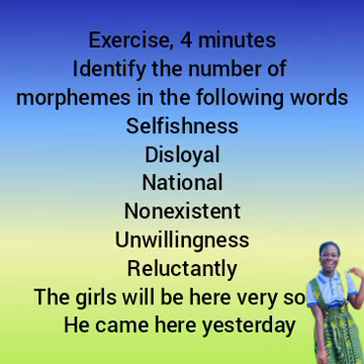So we are getting close. So let's try our hands on this exercise. We are using 4 minutes. Identify the number of morphemes in the following words: selfishness, disloyal, national, non-existent, unwillingness, reluctantly. These girls will be here very soon.